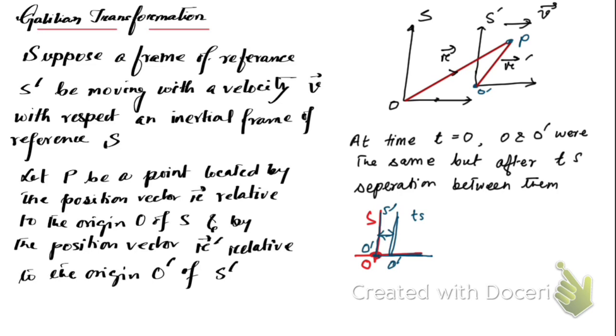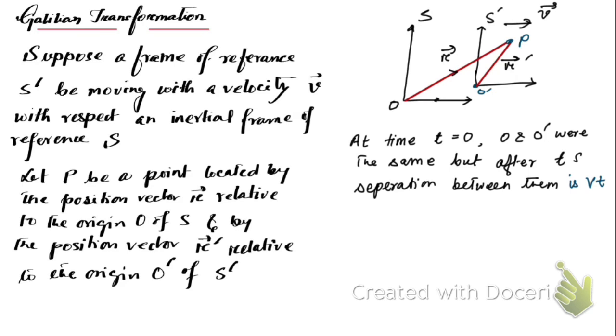If it is moving with velocity v, then this separation will be given by v into t. So we can say the separation between them is v into t.